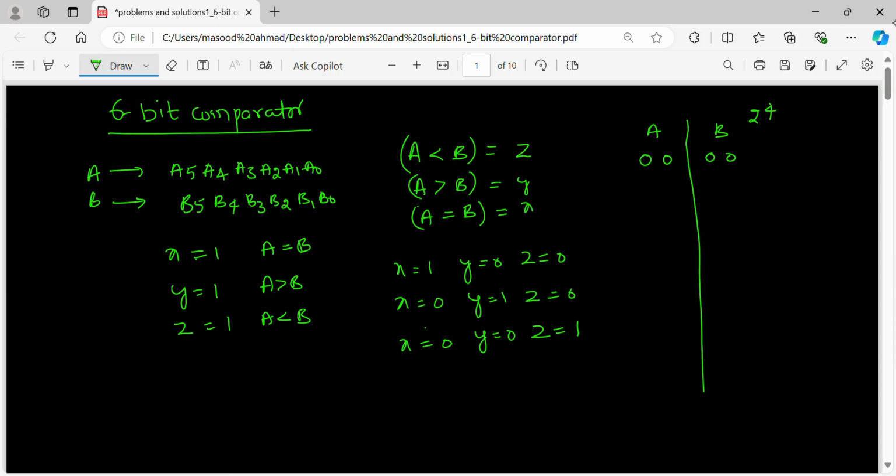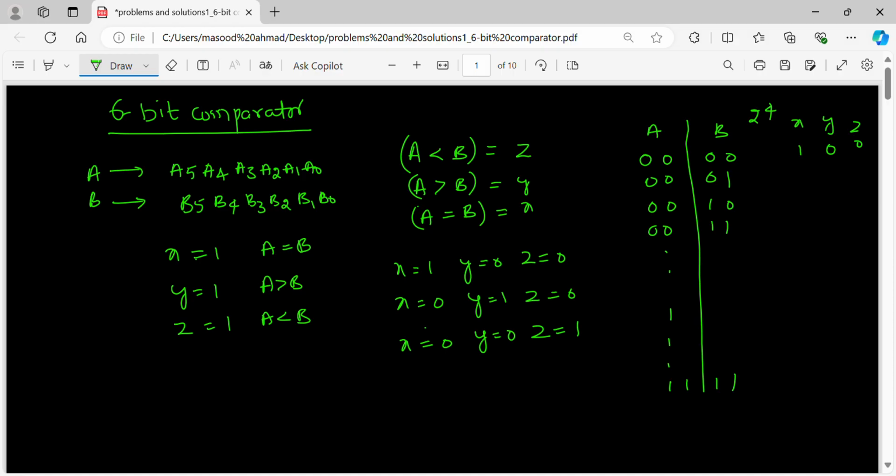For 0 0 0 0, A equal to B is 1, so X is 1, Y is 0, Z is 0. I need to do all possible combinations, going up to 1 1 1 1. Then I need to get expressions for X, Y, and Z.